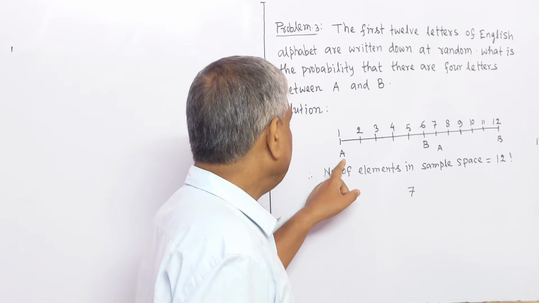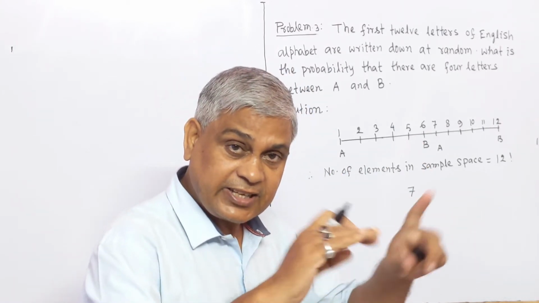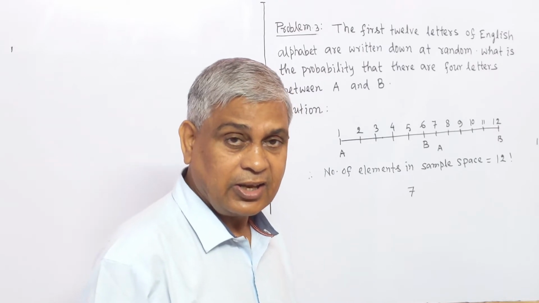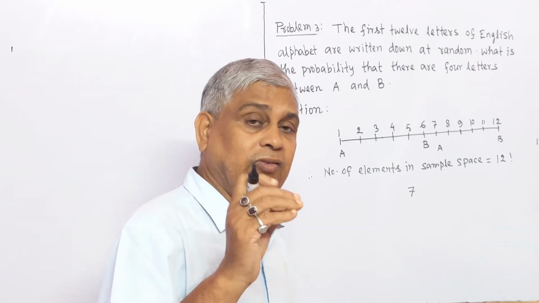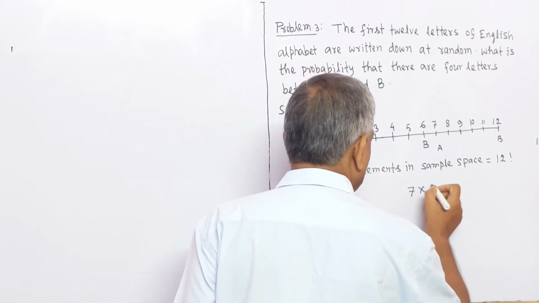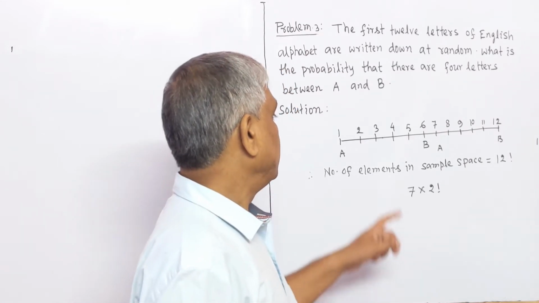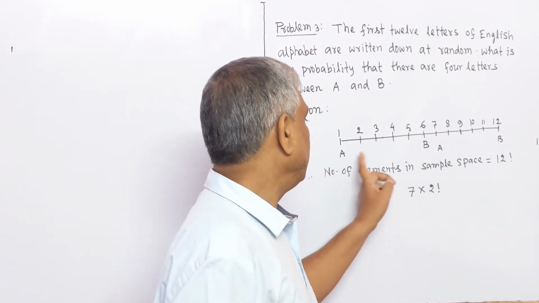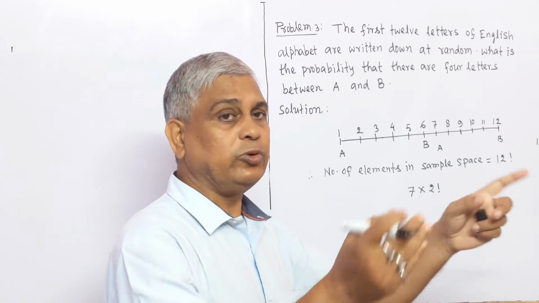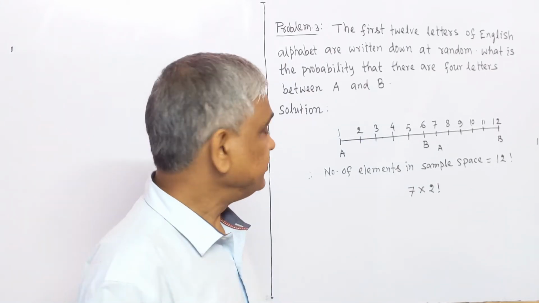Again, letters A and B may mutually exchange the place, and this process is factorial 2. Means 2 letters will exchange with each other, that is number of ways is factorial 2.